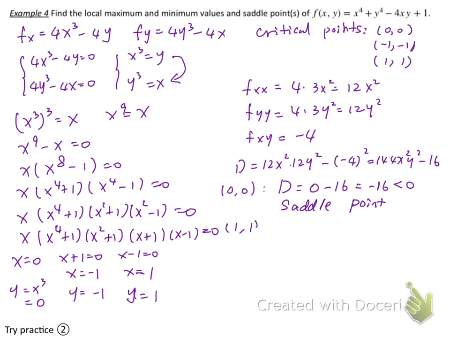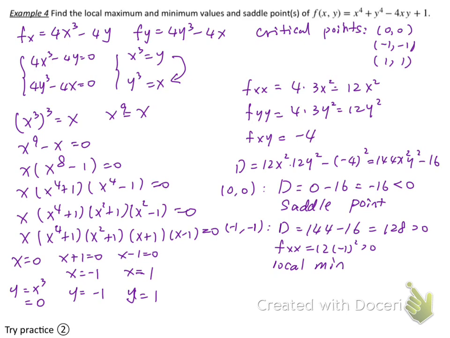Negative 1, negative 1 is the first. My d will be 144 minus 16 equals 128. Positive. Then you need your f double x. That's 12 times negative 1 squared. Positive. This is a local minimum.